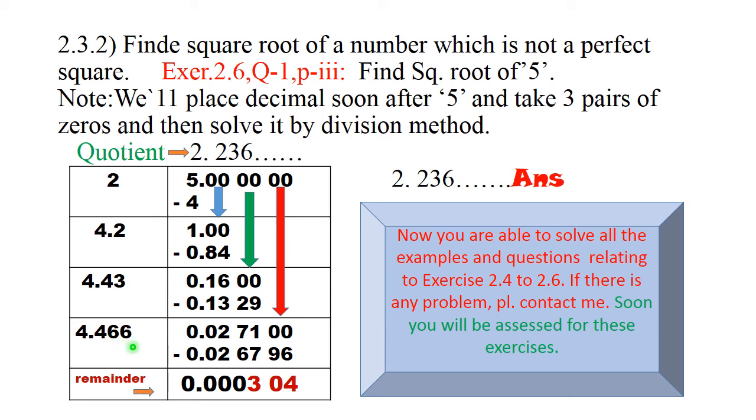Now multiplying 4.466 with 6, we get this one, and we are left with 0.000304 as a remainder. The answer is 2.236. Now you are able to solve all the examples and questions relating to exercise 2.4 to 2.6.